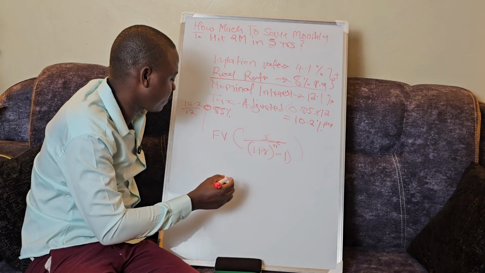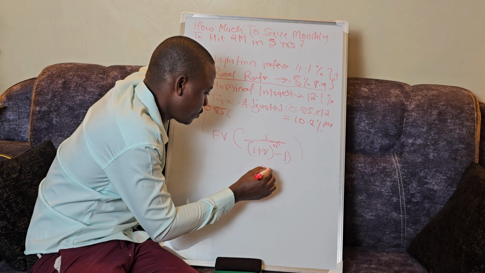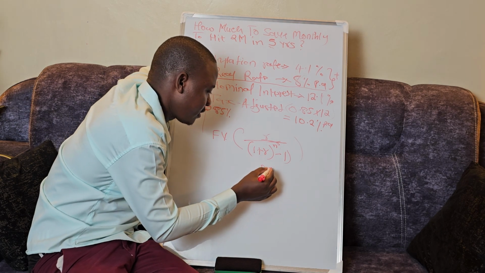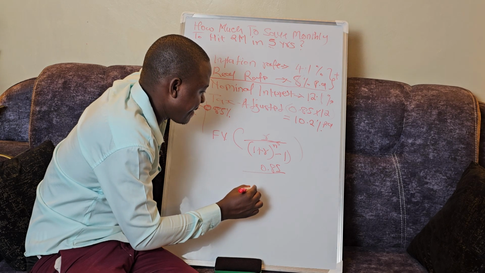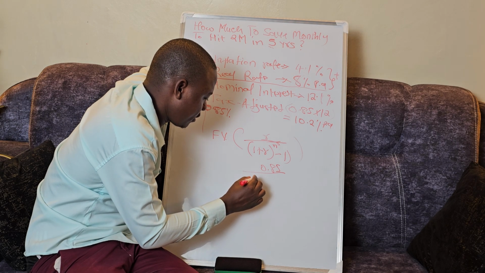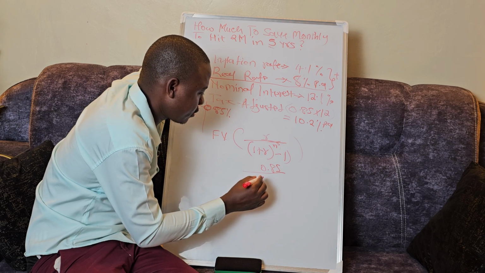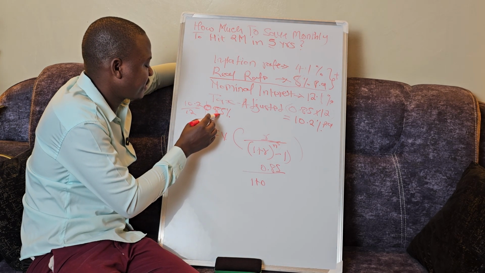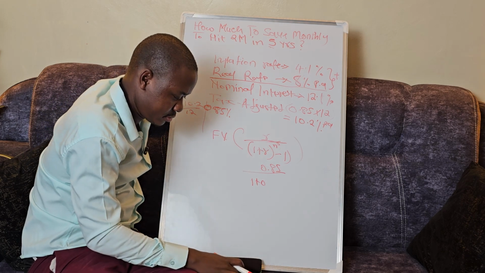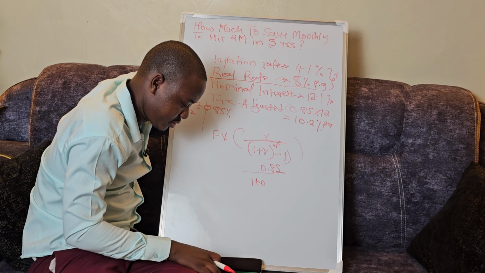So the rate, of course, we have 0.85. Let's substitute what we have: 0.85 over 1 plus 0. Sorry, this is a percent, so I want to divide it by 100 to remove the percentage.